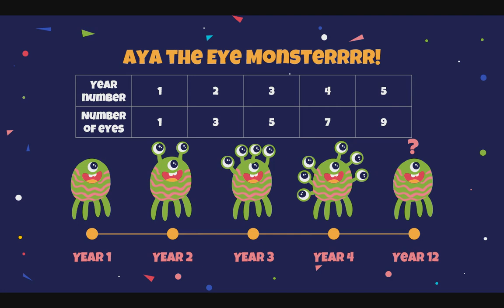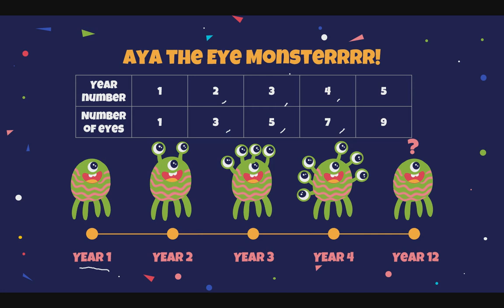On the first year, as you can see here, Aya has only one eye. On his second year, he has 3 eyes. Third year, five, fourth year, seven.